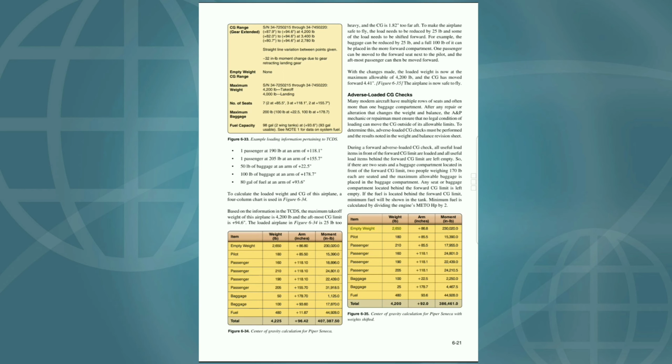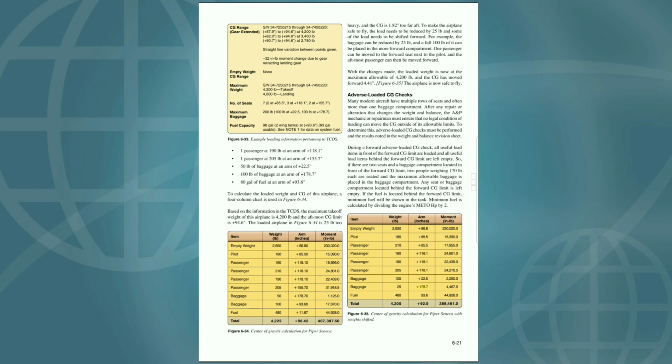Empty weight 2,650. 180. 210. 160. 190. 205. 100. 25. 480. 4,200. Pilot passenger baggage fuel. Total. Arm inches plus 86.8. Plus 85.5. Plus 85.5. Plus 118.1. Plus 118.1. Plus 118.1. Plus 22.5.